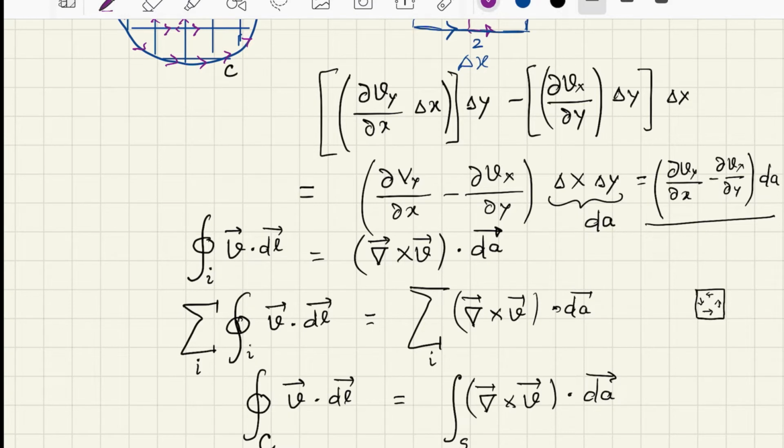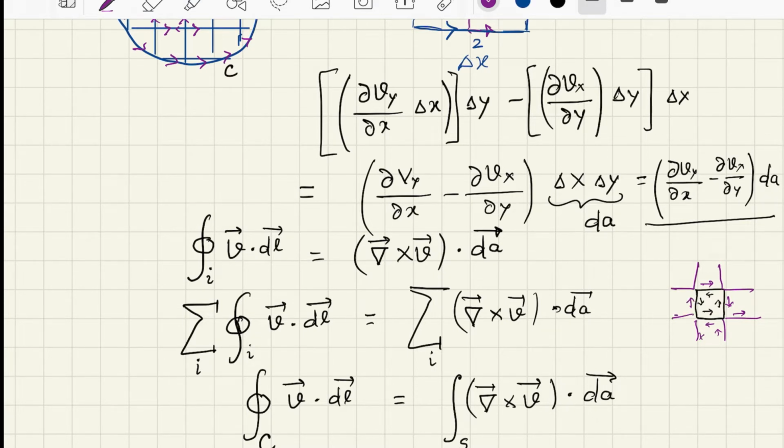Now if I take the neighboring one, then I would have gone like this, this, and this. If I've taken this one, then I would have gone like this, this, and like this, right? And if the top one, then I would have been going like this, and the side one will be again going like that.